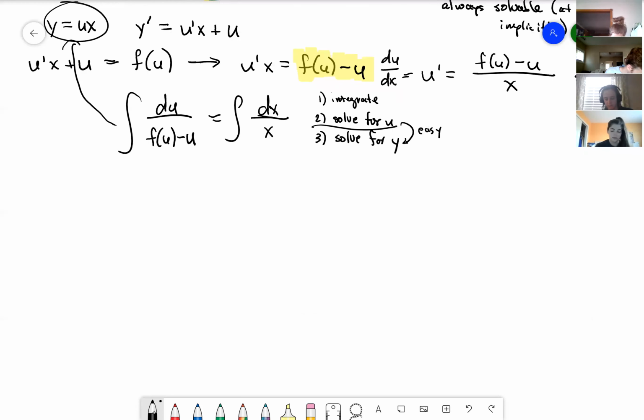We had, let me rewrite it. y prime is equal to e to the minus y over x plus y over x.